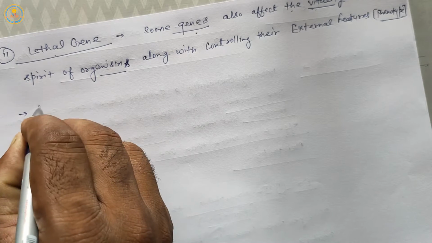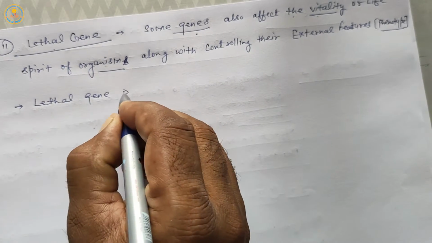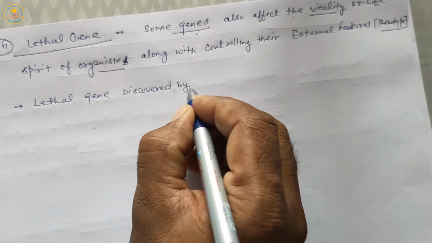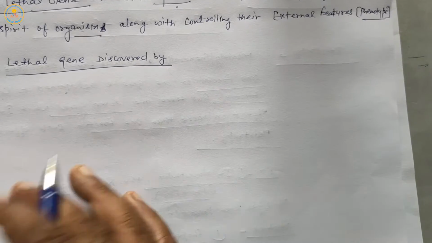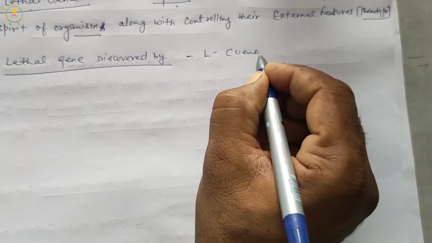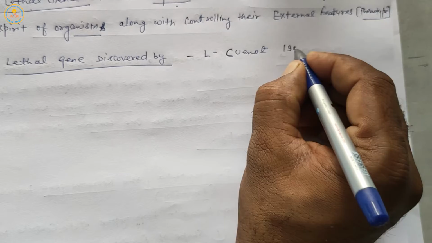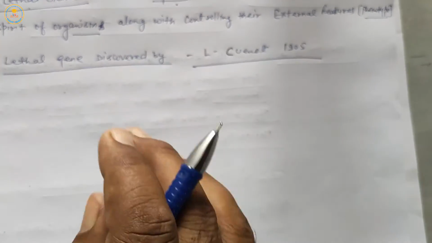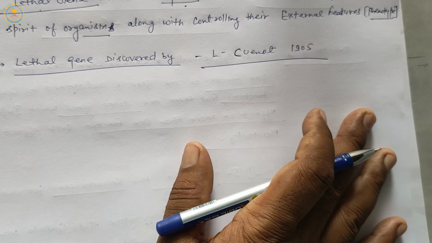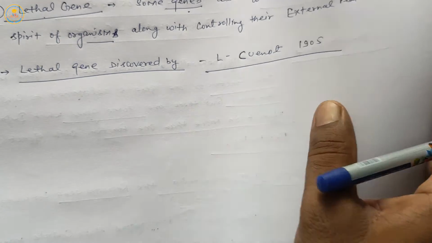Second, lethal gene was discovered by Cuénot, a scientist, in 1905 in mice.